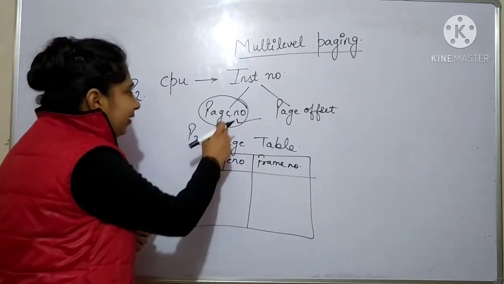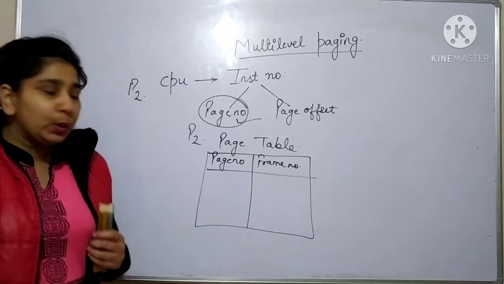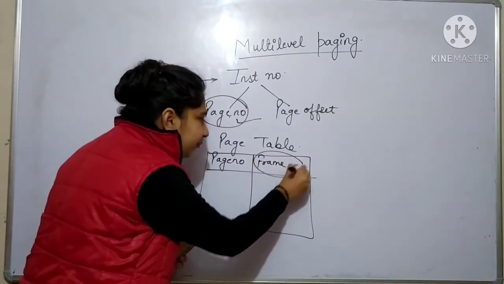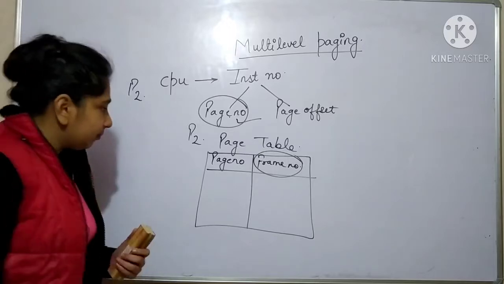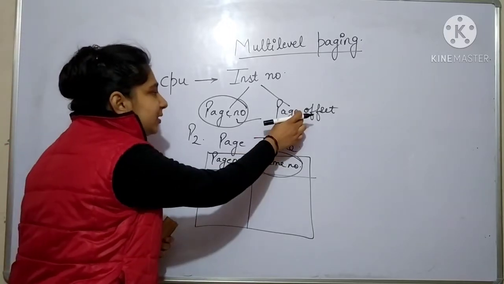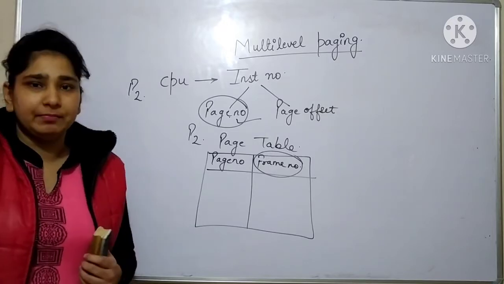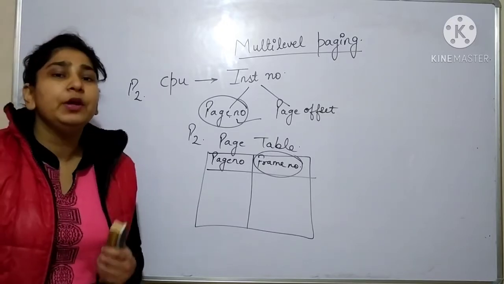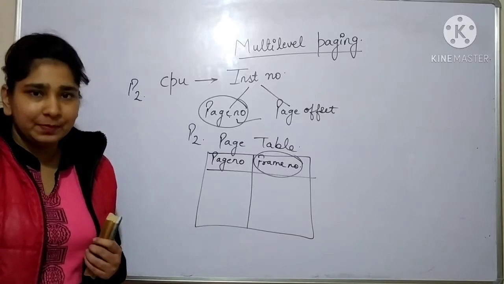According to the page number, we will get the corresponding frame number, where that instruction is present in the main memory. Which frame do you need to get your instruction?